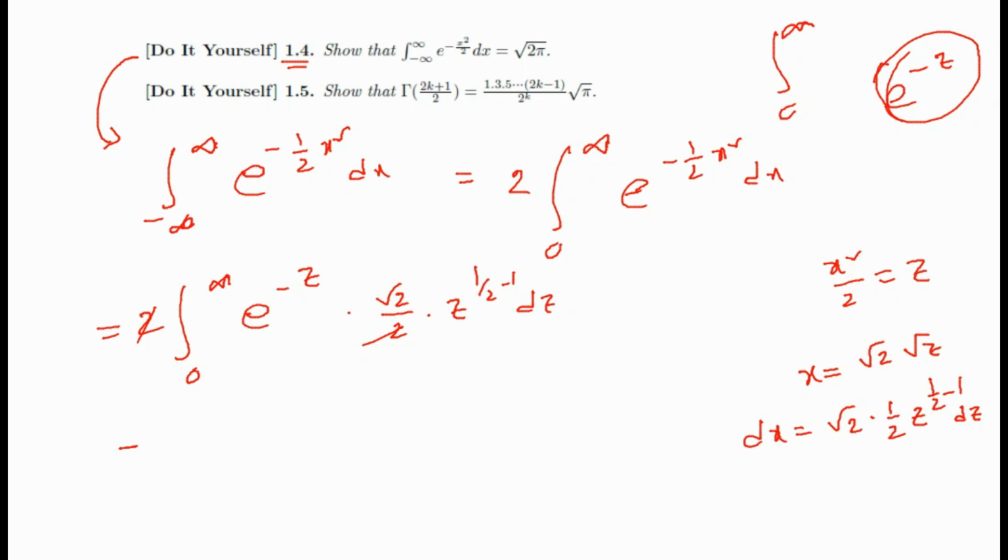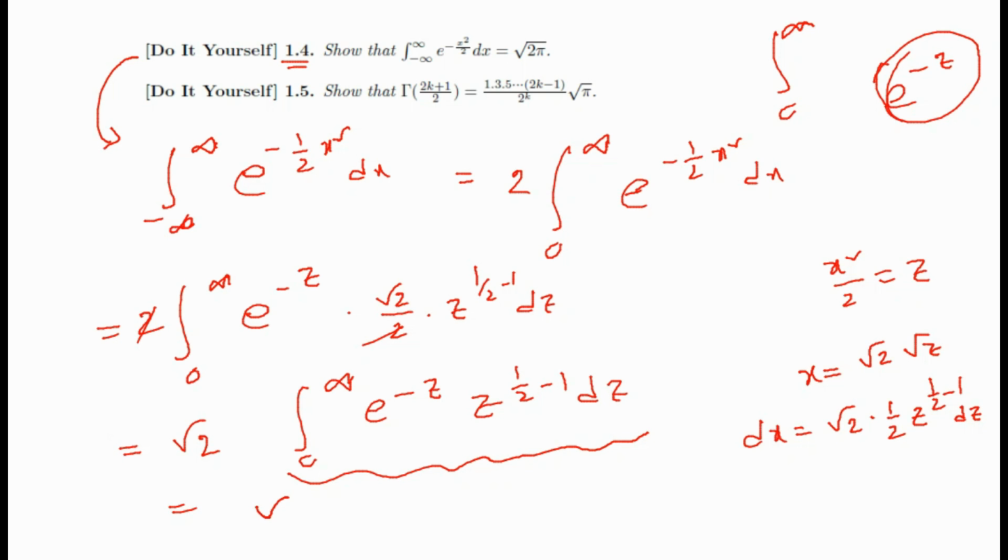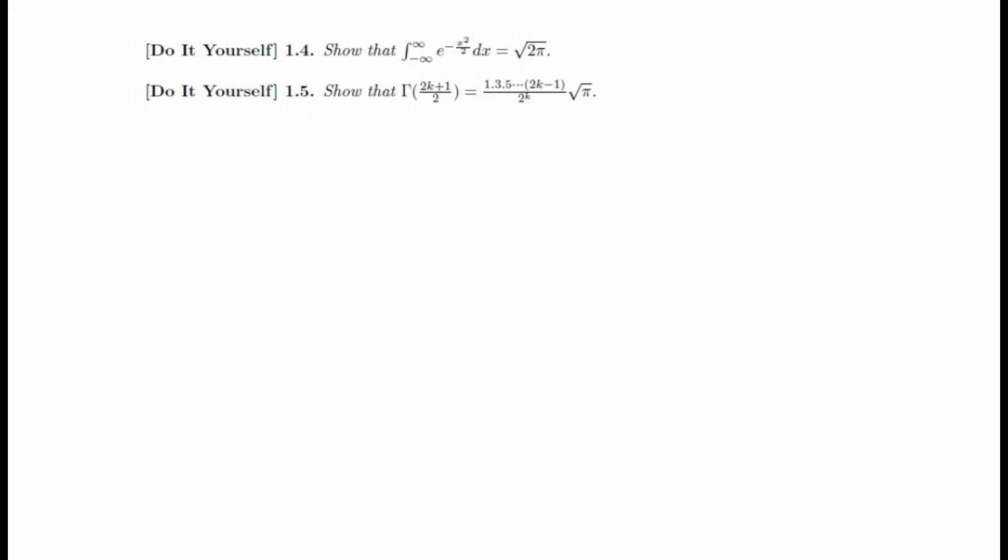These two will get cancelled, so root 2 will be on the outside, and 0 to infinity e to the power minus z, z to the power half minus 1 dz. And this is a gamma function form, so root 2 into gamma half, and we already know the value of gamma half. Gamma half is root pi, so root 2 pi. Problem number 1.4 is completed.